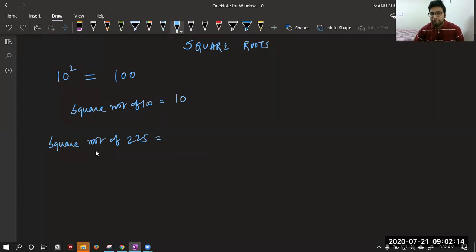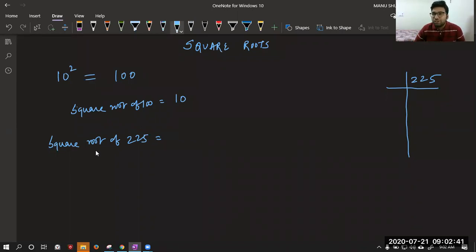Now let's see how I found it. Yes, beta, correct. So let's start with 225. First of all, we have to do prime factorization. This is not LCM, Sarthak beta. LCM is different. It is known as prime factorization. We are using prime numbers to factorize the number.